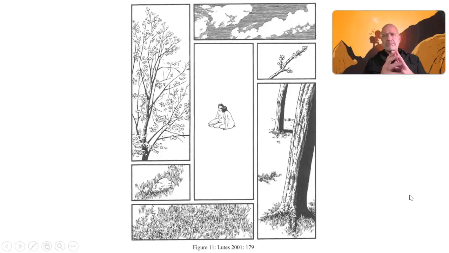This is a page from Berlin by Jason Lutes, a historical novel set in the Weimar Republic, very well known. It's dealing with the Weimar Republic just before the Nazi onslaught, before the Nazis come to power in 1933.